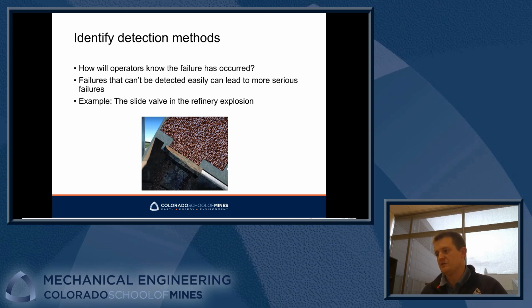There was no good way for the operators to know that that had happened and that the catalyst wasn't staying inside of their reactor vessel. So that led to a more severe failure because they didn't know that that slide valve was broken, right? So we want to figure out ways that our failures can be identified and things that we can watch out for to make sure that the system's operating normally, and then shut down if the system's starting to fail before we end up with a really catastrophic failure.